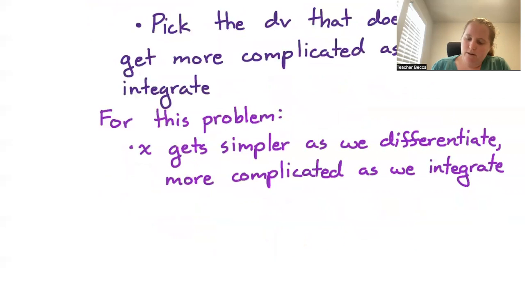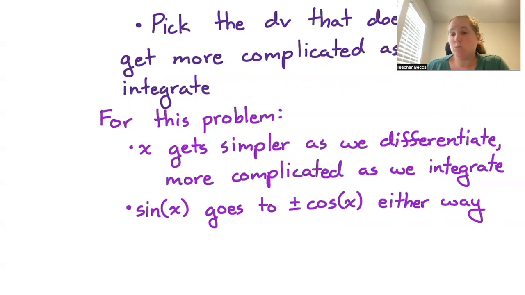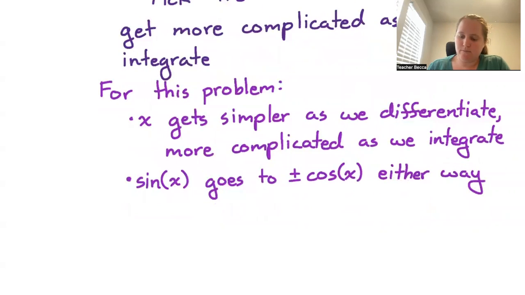And the other component was sine of x. Sine of x just goes to positive or negative cosine x, whether we differentiate or integrate. So sine of x goes to plus or minus cosine of x, either way. So it doesn't get more complicated as we integrate.